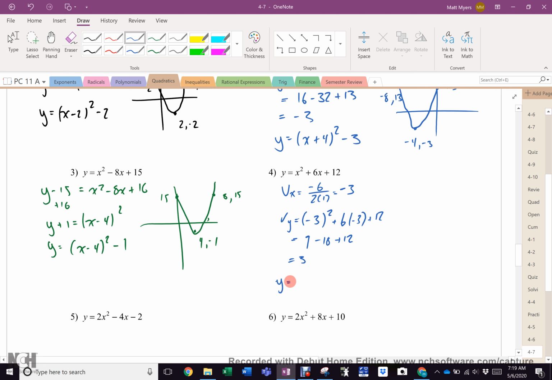So y equals x plus 3 squared plus 3. Graph it, negative 3, 3. Then I go over 3, I go up 9 to 12, over 3, up 9 to negative 6, 12, and there's my sketched graph.